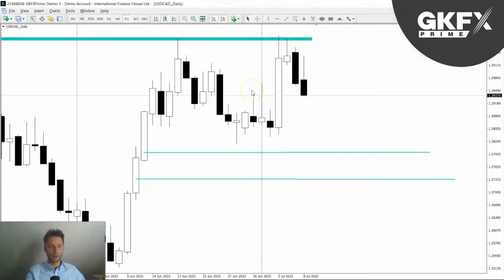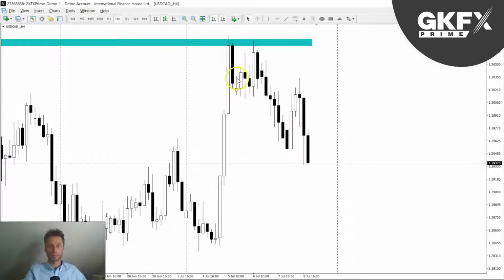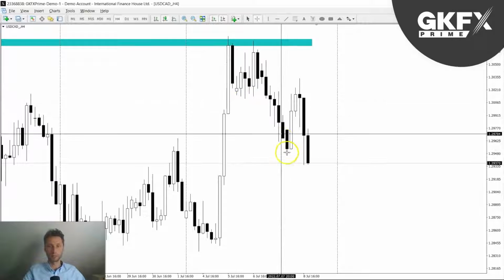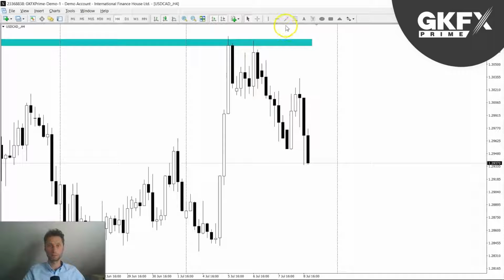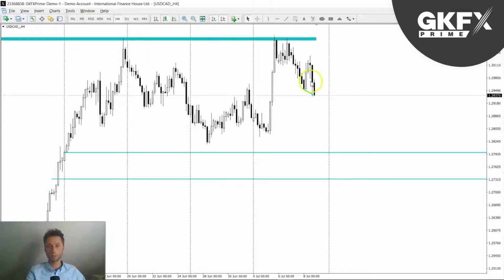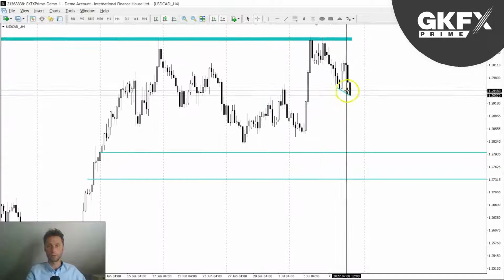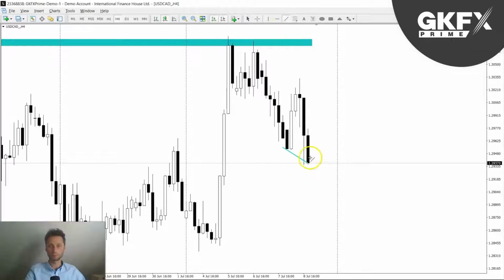So now with that bias of this short, I'll go to the lower time frame, and I can see that we've had swings here. We've had a low here, and then a lower low, and then we had the highs here, and then a higher high here, and then we broke this structure lower. So now the next thing I would look for is again a continuation as I did before, and then a pullback to a better price.